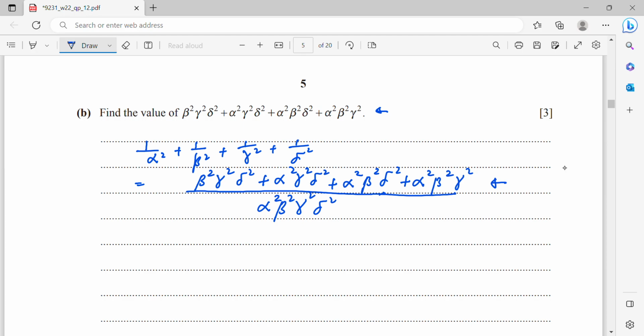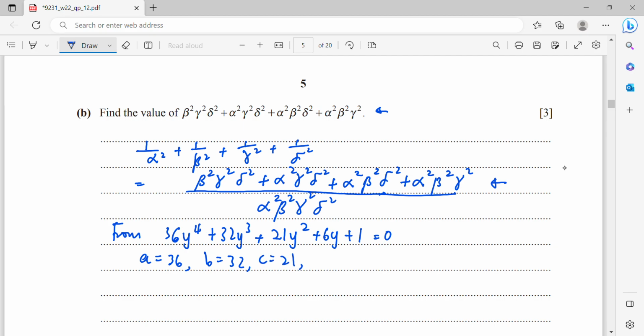Now we will start from 36y degree 4 plus 32y cubed, the quartic equation that we have just formed. From here, we know that A is 36, B is 32, C is 21, D is 6, and E equals 1.